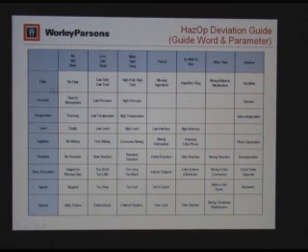And when you apply the guide word to the parameter, it comes up with all the possible deviations. And of course, this is dependent on your process. Different processes have different things, and then you have different parameters you need to talk about.